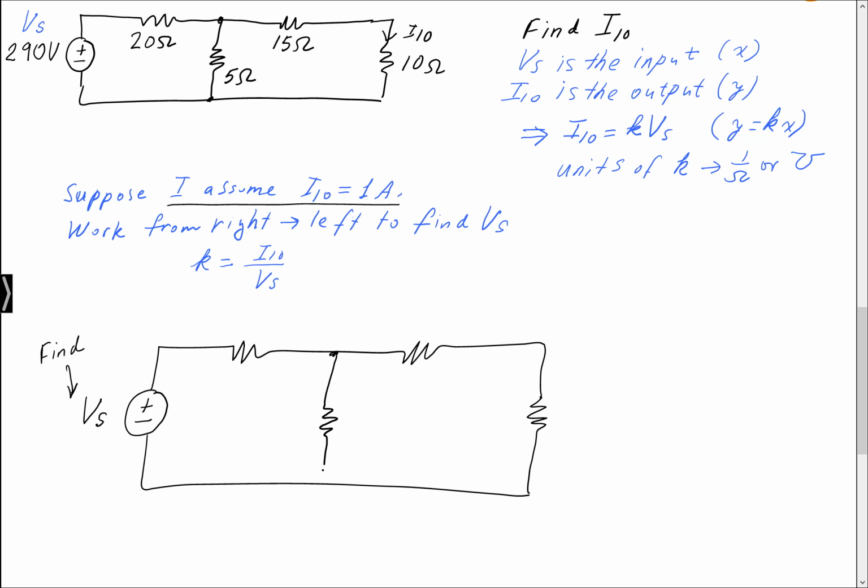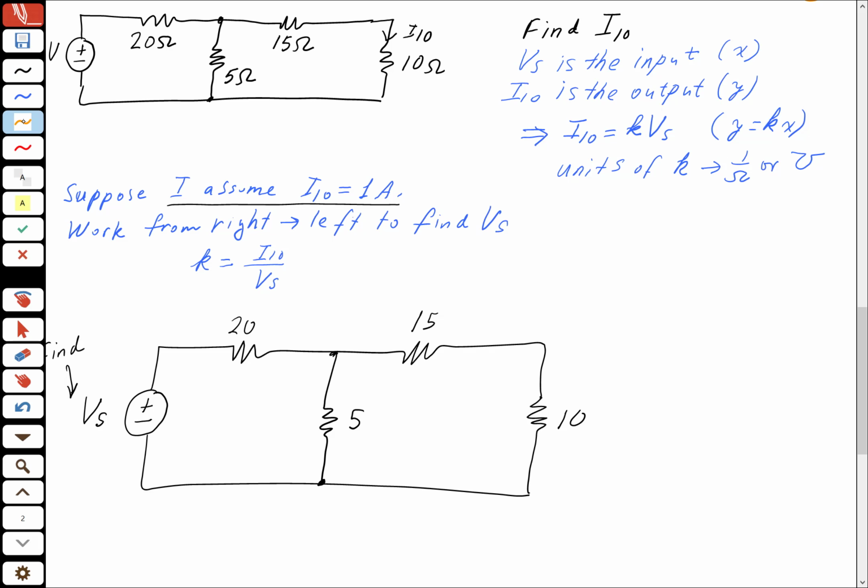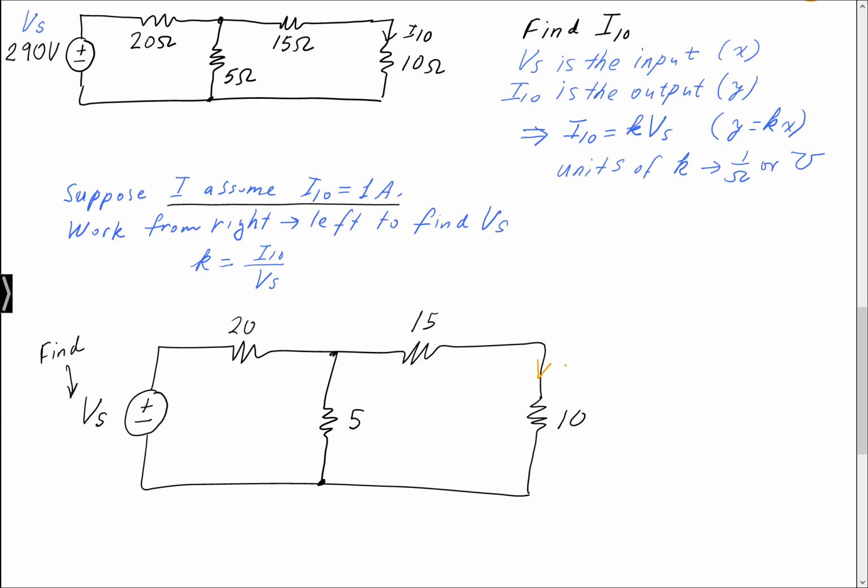So here's the circuit. This is the 20 ohm, 15 ohm, 5 ohm, and the 10 ohm. This is the current that I'm looking for, but I'm going to assume a current here. I'm going to assume this is 1 ampere, and I'm going to assume the I10.